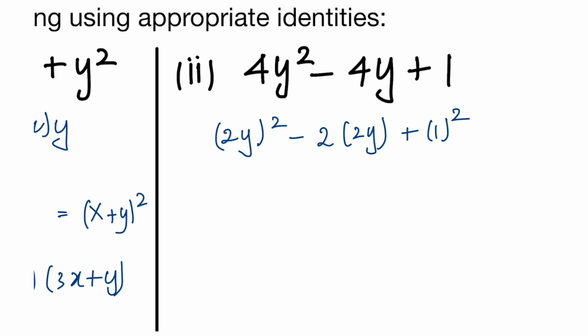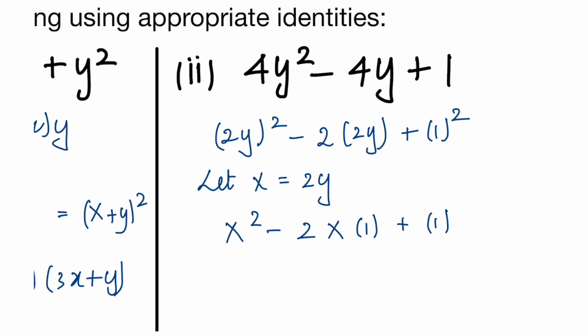Now, let us say capital X is equal to 2y. In that case, this would become X squared minus 2X into 1 plus 1 squared, right? So this is of the form x minus y the whole square, right? Because the middle term, the xy term is negative, so it's x minus y the whole square.